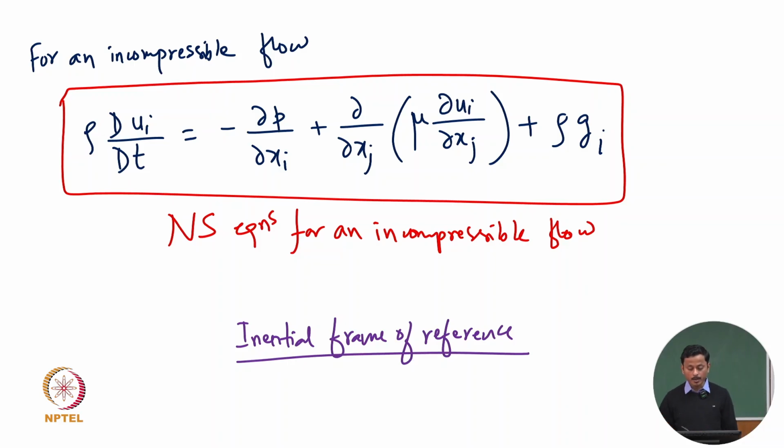So Newton's laws are valid exactly in this form, whereas the frames of reference that we'll be using for measurements of geophysical flows are attached to earth, that is, they are moving with earth. So these are non-inertial frames of reference, and we will see how the equations are modified because of these frames of reference being non-inertial.